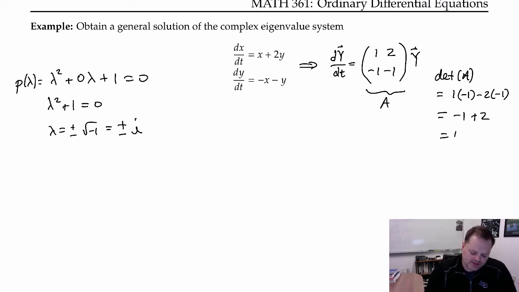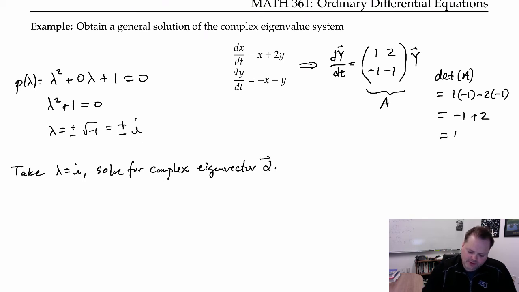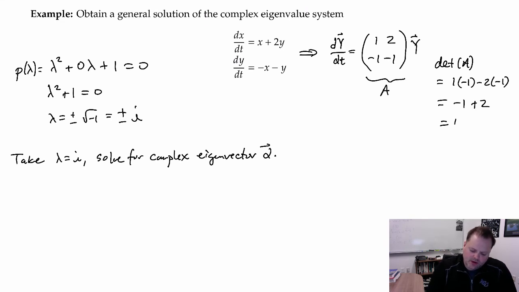So there's only one case. You're going to take lambda equal to i, and solve for the complex eigenvector alpha associated with it. We know how to do this.